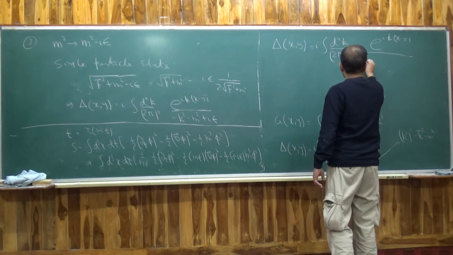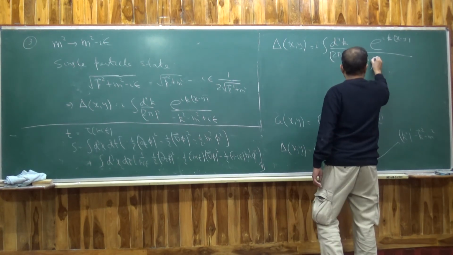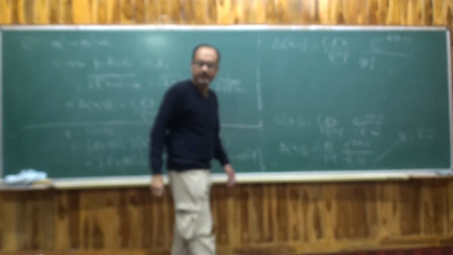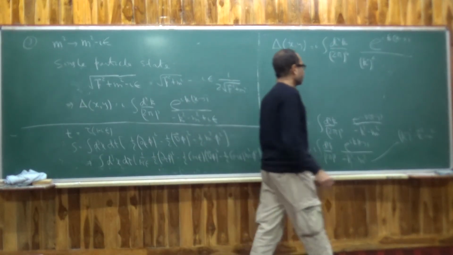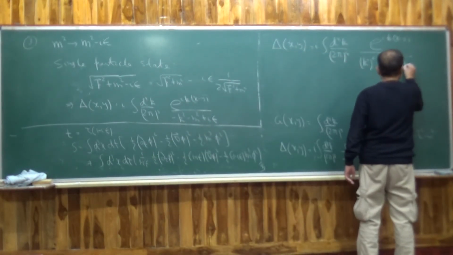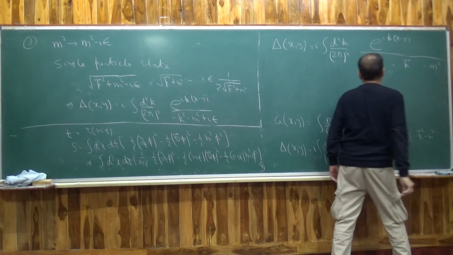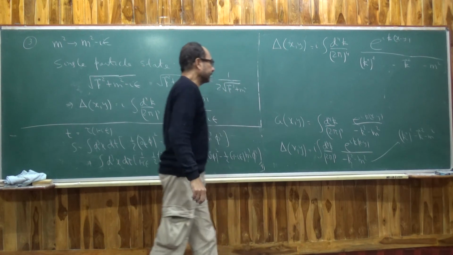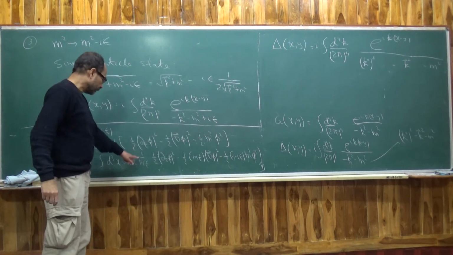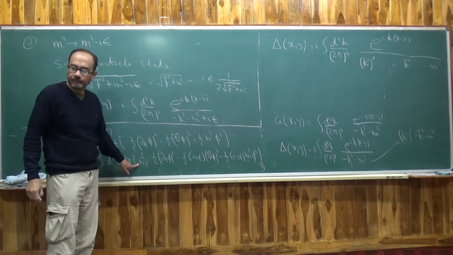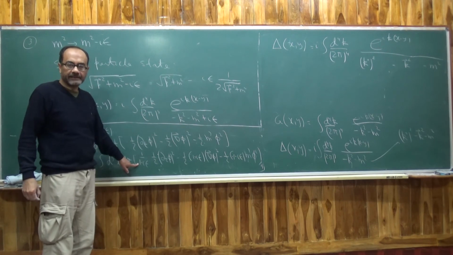First, there is the k0 square term, k0 square minus k square minus m square. So, can you guess what will change because of this 1 over 1 minus I epsilon? What is going to change?